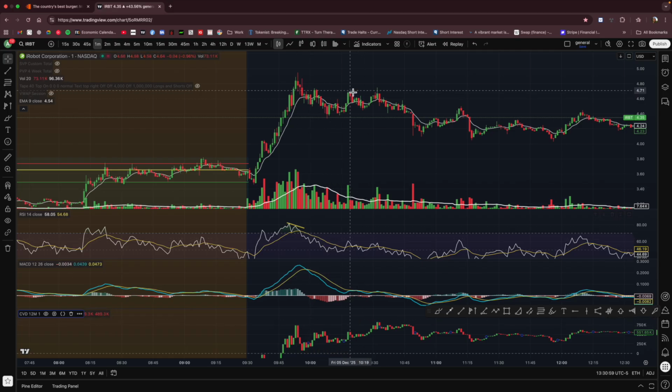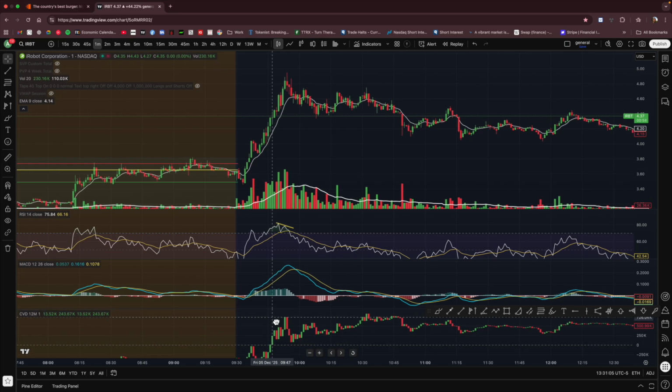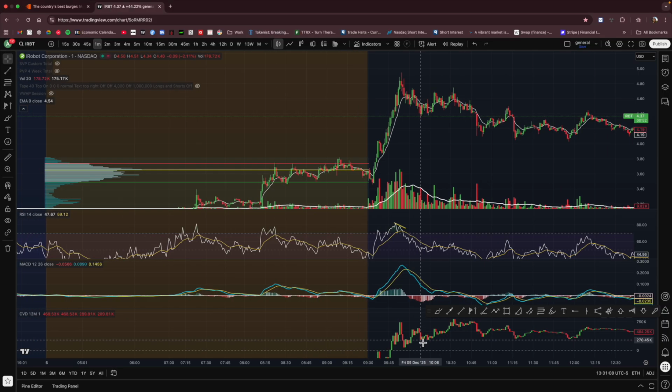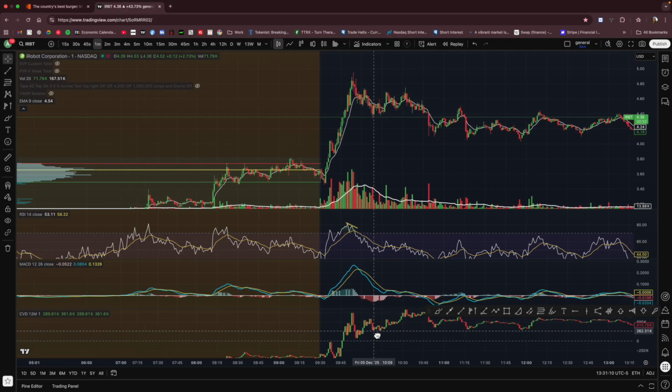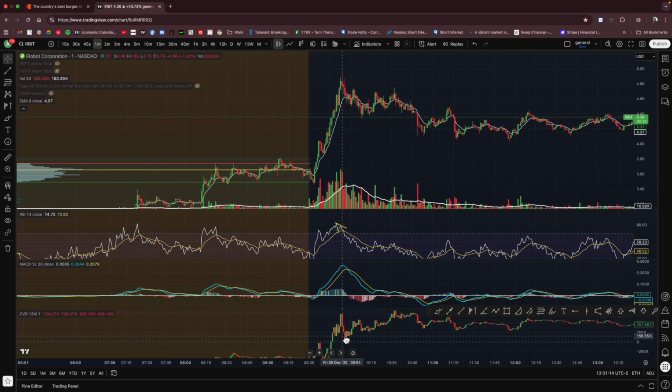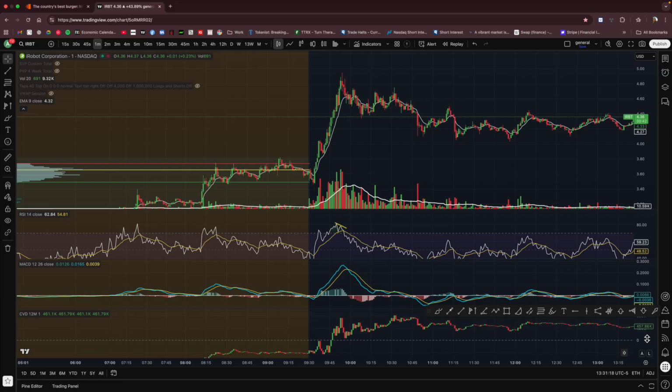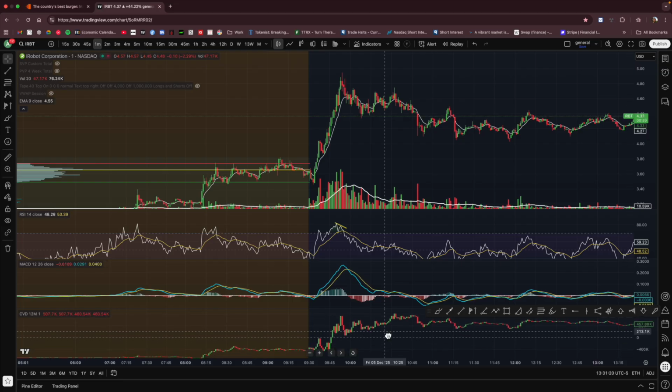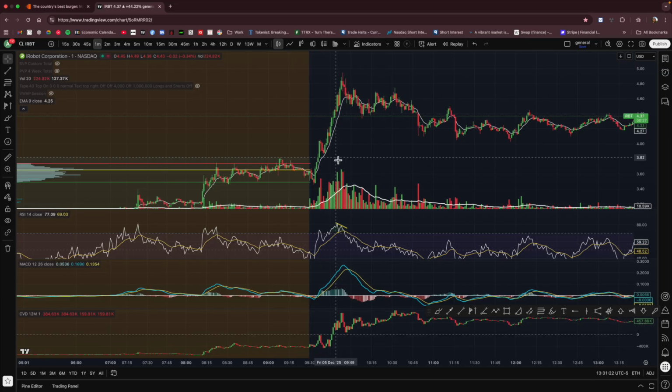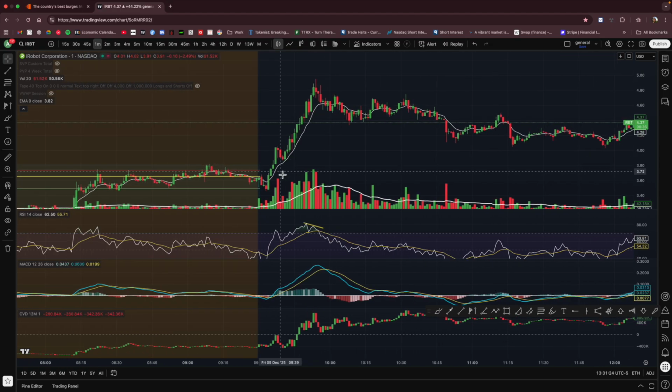So we can be sure that the price won't go up further than this level at 490-ish. And so the CVD is quite a useful further indication of what's happening behind the scenes with the buying and selling aggression. And so on a very short-term trade, this would have been an absolutely excellent move.